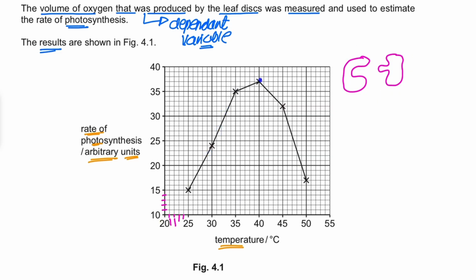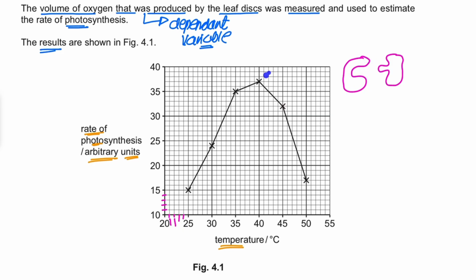This continues until 40 degrees centigrade, where we have reached the maximum rate of photosynthesis. So the explanation is that at this temperature of 40, the maximum enzyme substrate complexes have been formed, or all the enzymes available for this photosynthetic process have become saturated with the substrates on which they are acting.